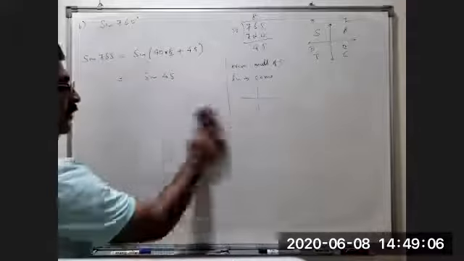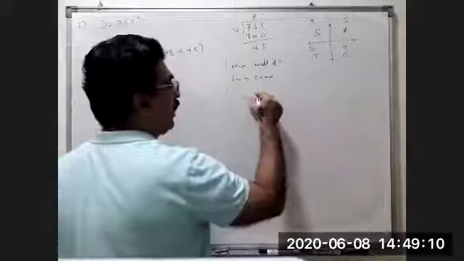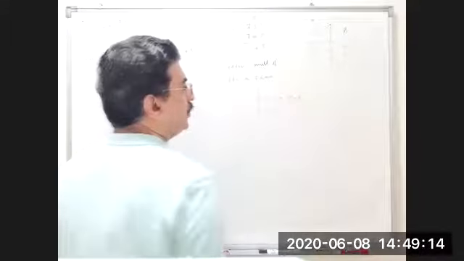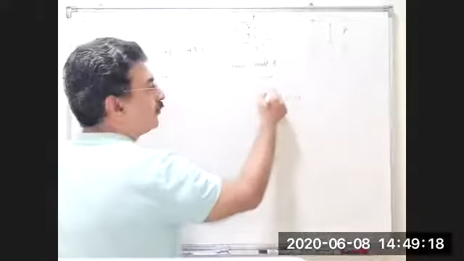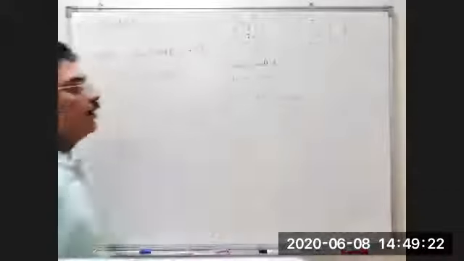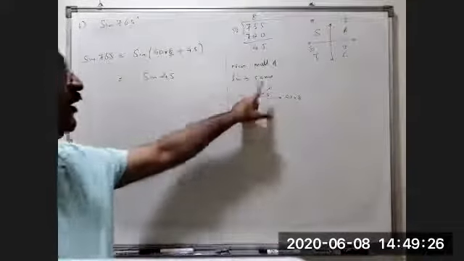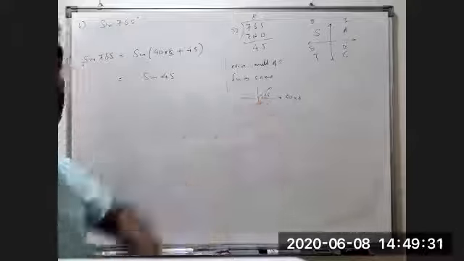Similarly, here 90 into 8. 90 into 8 is here. 90 into 8 plus 45 means again this one. We can see 90 into 8 plus 45 means in which quadrant?